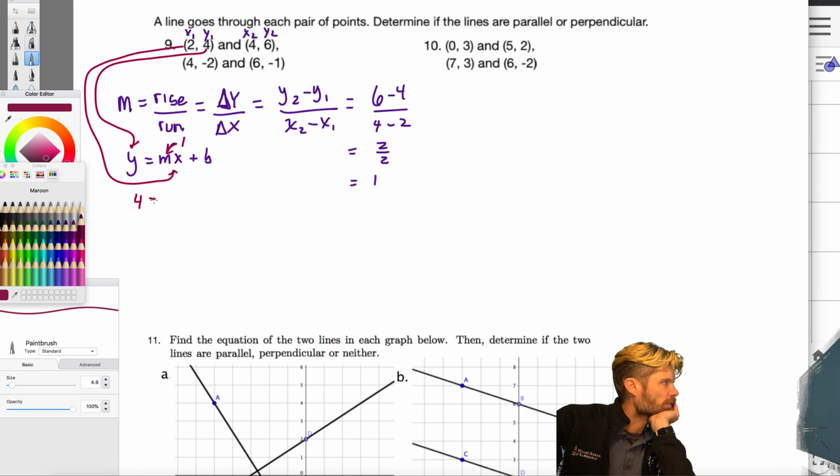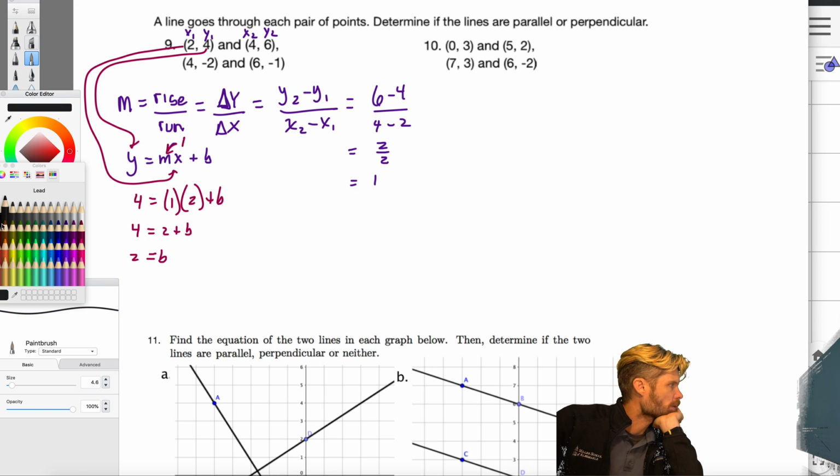So we get 4 equals 1, because that's my slope, times 2 plus b. 4 equals 2 plus b. b equals 2. So my equation is y equals 1x plus 2.